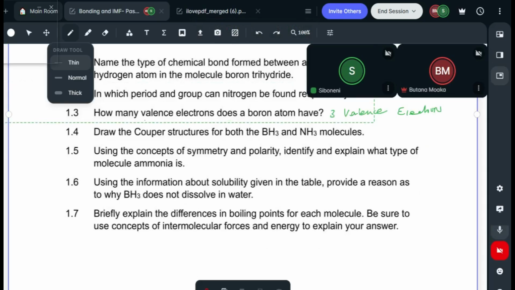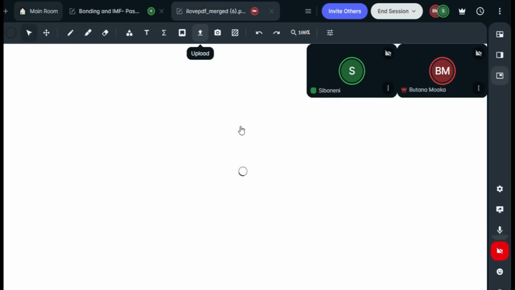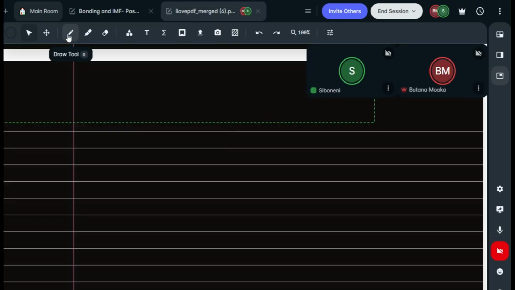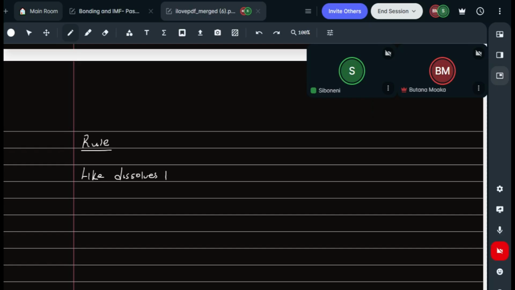So the first thing, let me talk about the rule. Remember that like dissolves like, okay? Do you know this? Like dissolves like.